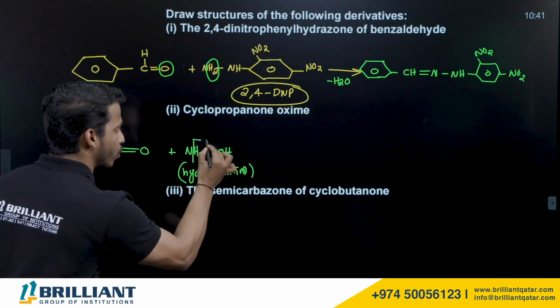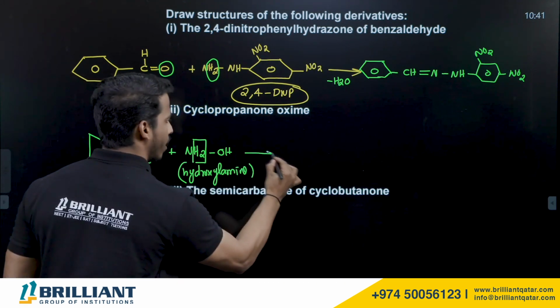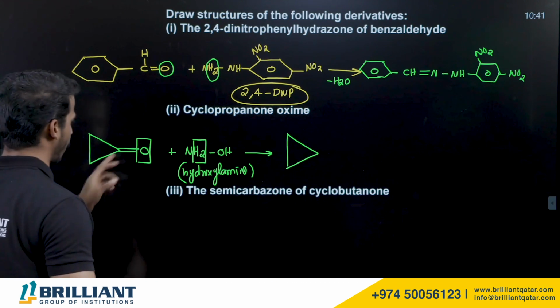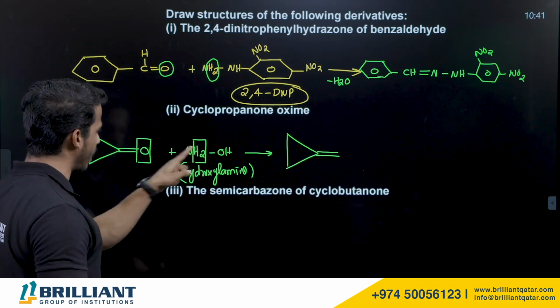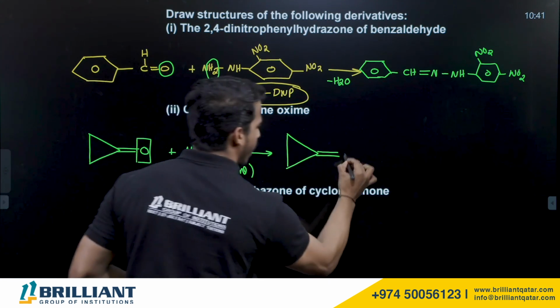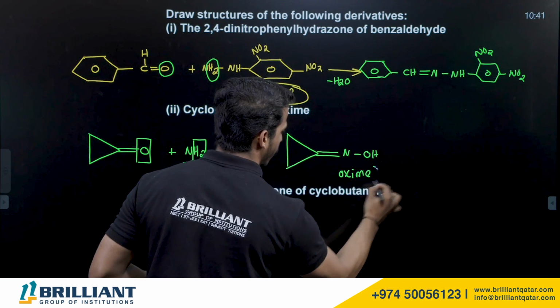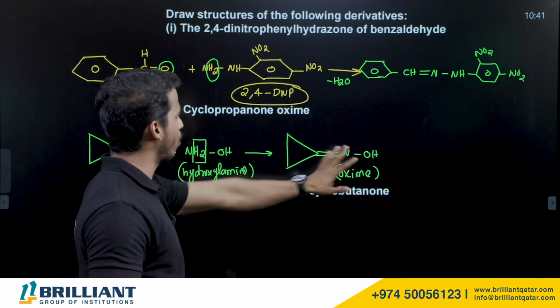From this NH2 group, take this hydrogen and this oxygen, remove as water, and the remaining groups just club together. So let's write the cyclopropane, there is a double bond. This oxygen, hydrogen already gone. Then what is left here? NOH. This compound is called what? Oxime, right? So this is the compound called cyclopropanone oxime.